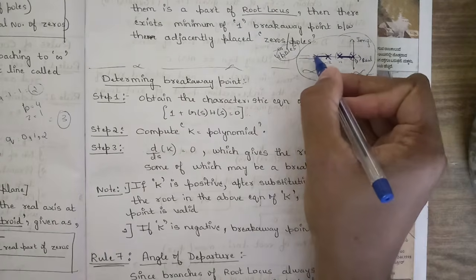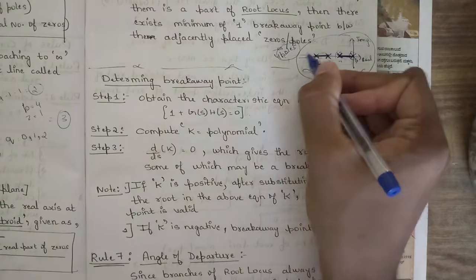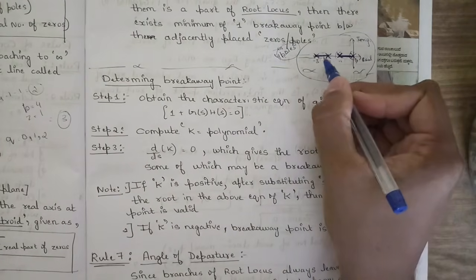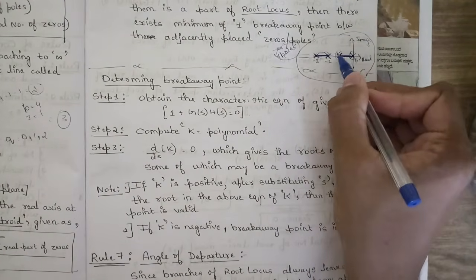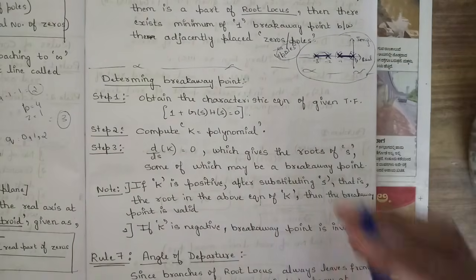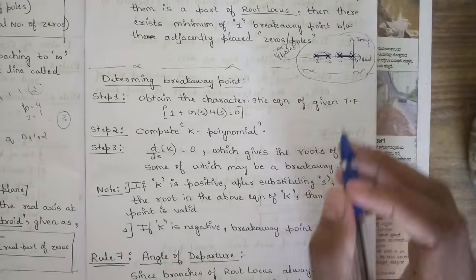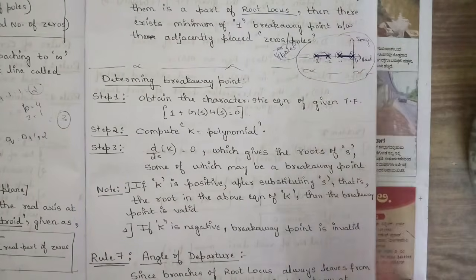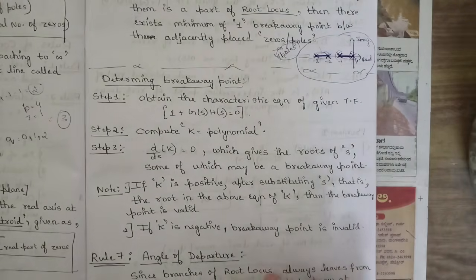So from this pole up to minus infinity, this is not a part of root locus. Whichever region is a part of root locus, only from that region do we get the valid breakaway point. Also, the branches of root locus would be obtained in these regions only. So I hope you understood this concept very well.